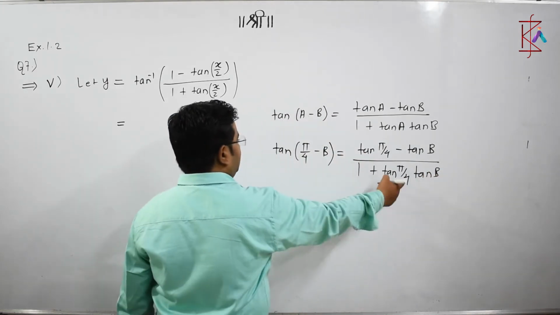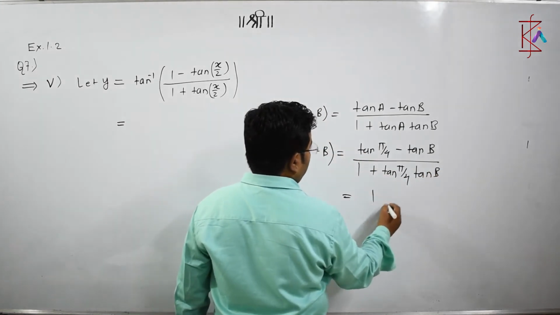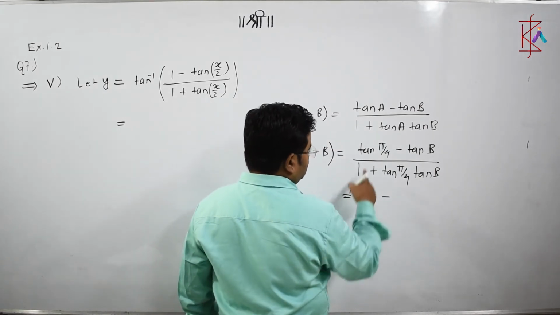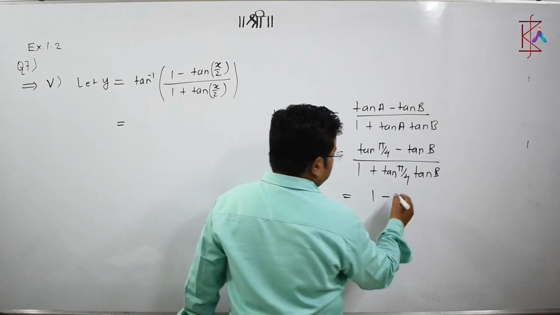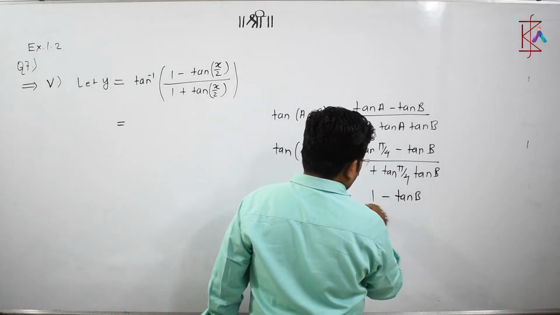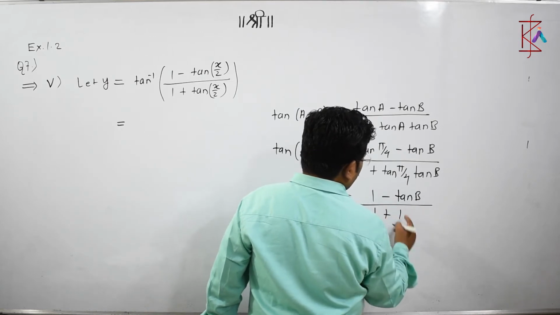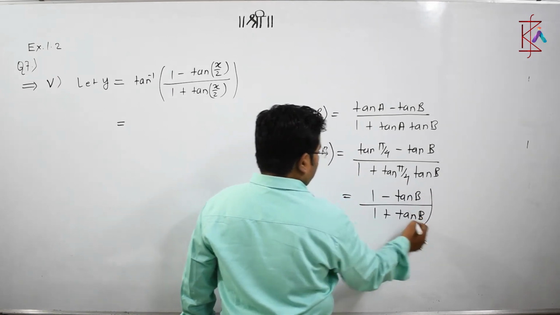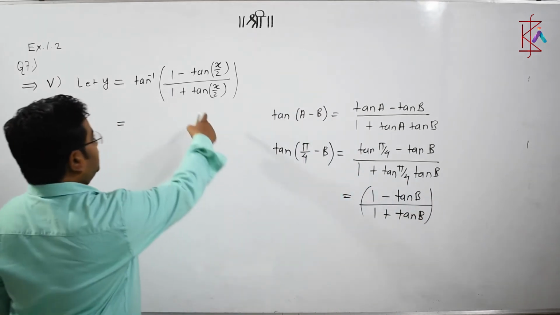Why are we taking tan pi by 4, sir? Because its value is 1, therefore I am taking tan pi by 4. Tan pi by 4 is always 1, so 1 minus tan b divided by 1 plus 1 into tan b, which is tan b. Hope you can see this formula over here.